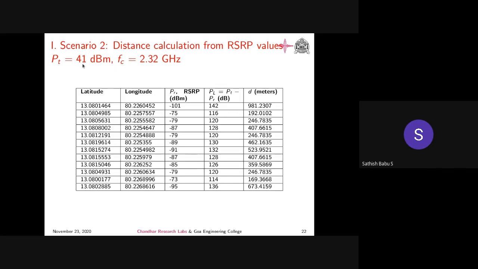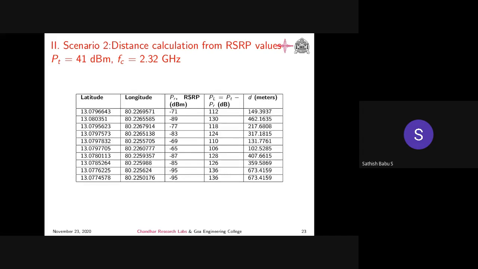Here also, I was within a 1,000 meter range. I did not cross more than 1 kilometer. I took these readings roaming around one tower, one base station, in walkable distance, covering only a range of 1,000 meters. In this, the lowest value I'm getting is minus 71.